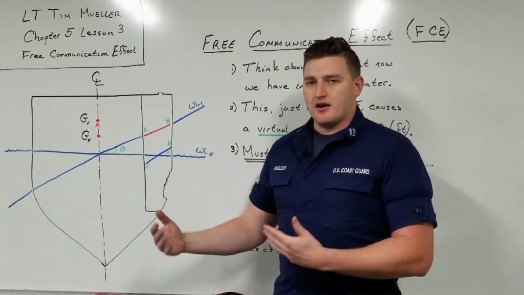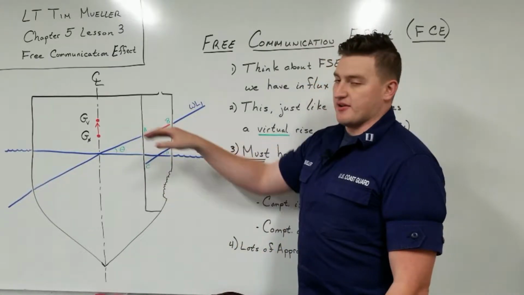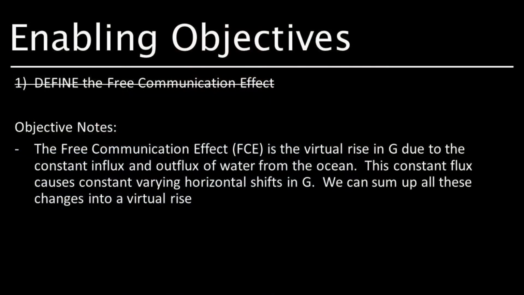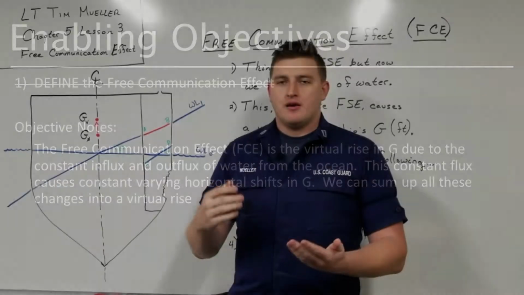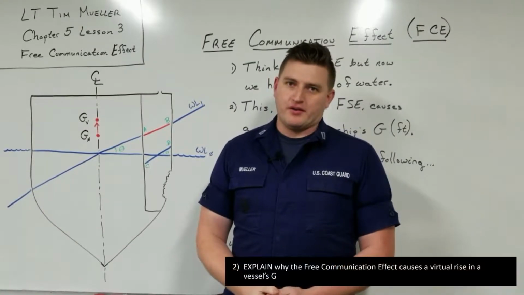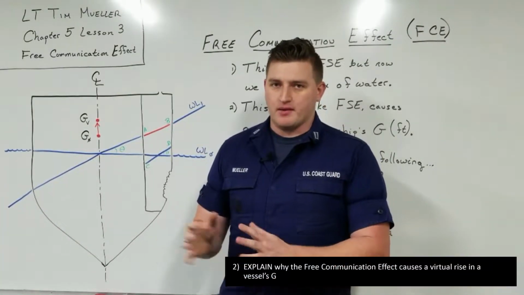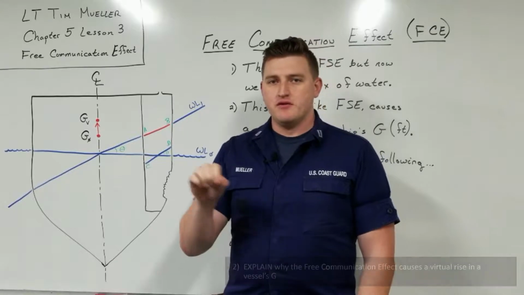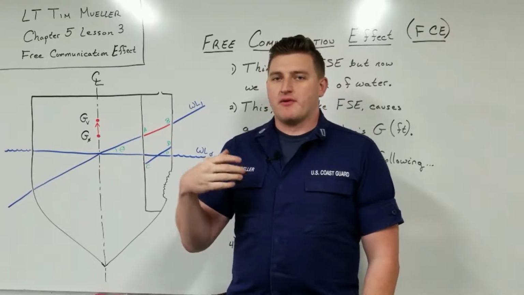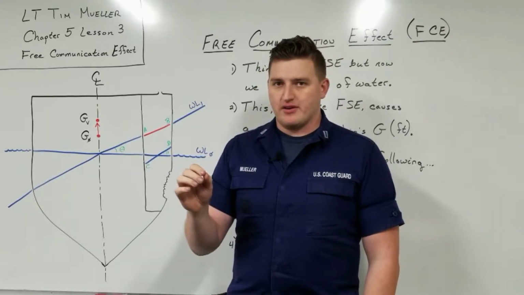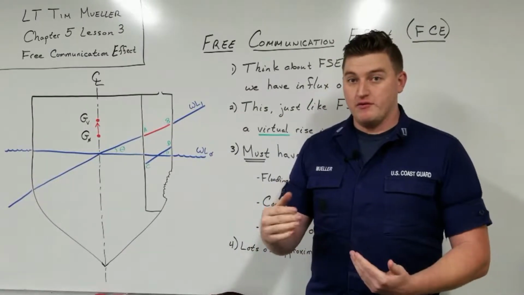How is this horizontal weight affecting the center of gravity in general? Well, if we think back to what we've already learned, we know that adding weight somewhere causes that center of gravity to move towards that weight addition. But if we remove weight, it causes the center of gravity to move away from that weight removal.